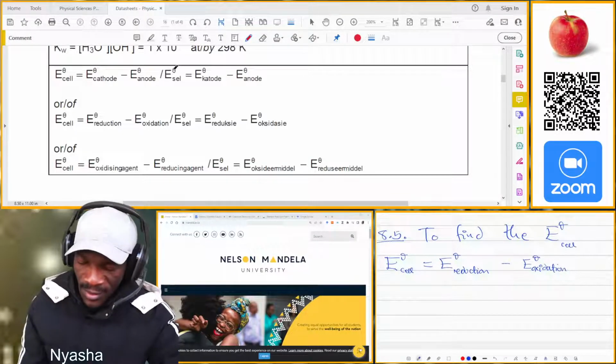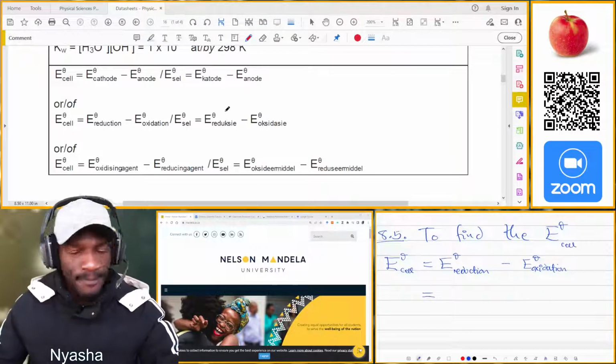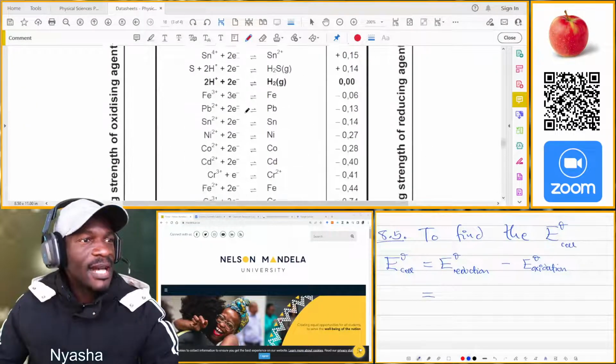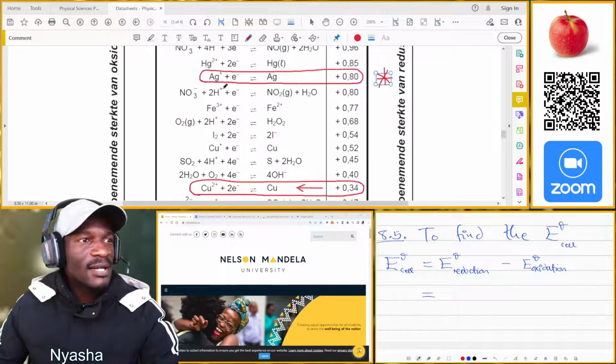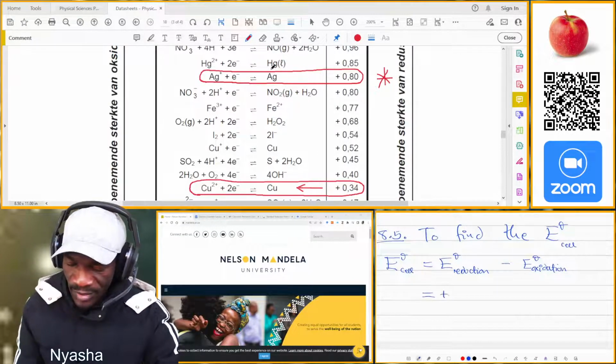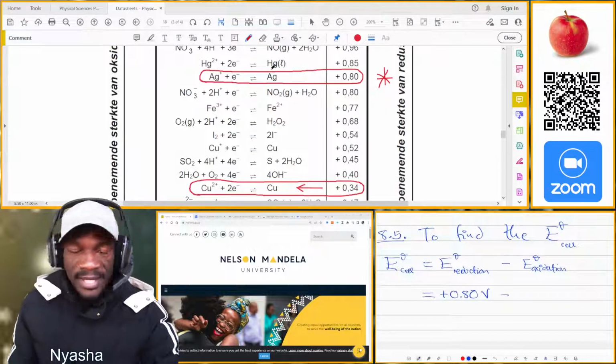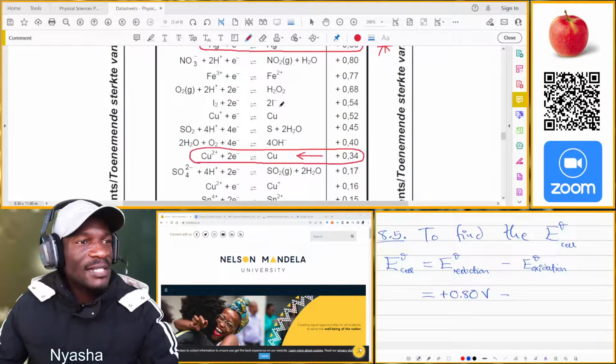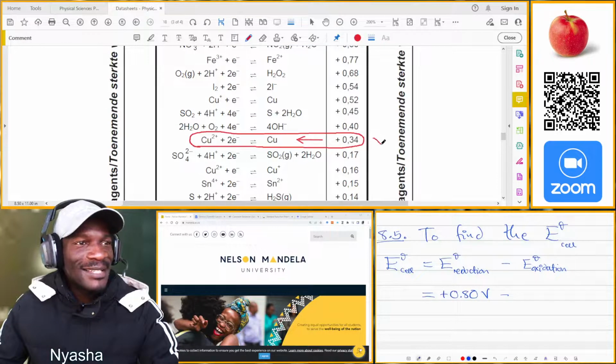Right, so we have already seen that the reduction process is what the silver is going through. This is the reduction process. So that's our plus 0.80 volts minus E of the oxidation process. This is our oxidation process.